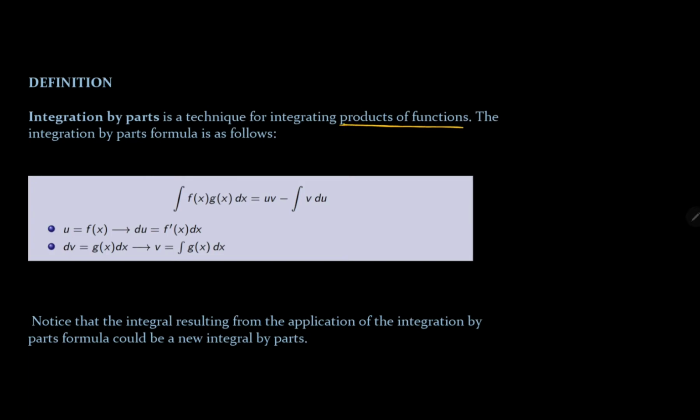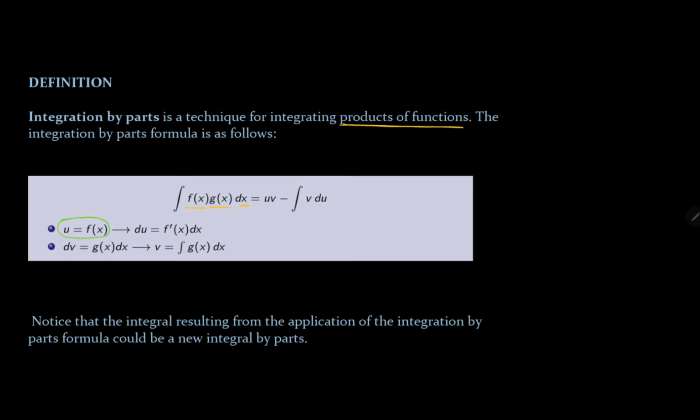The integration by parts formula is as follows. We have the integral of one function f of x that multiplies another function g of x and the differential dx. Then we choose the function f of x and we denote it by u.